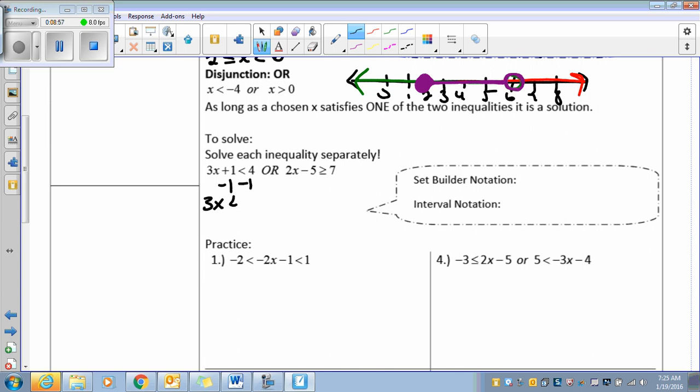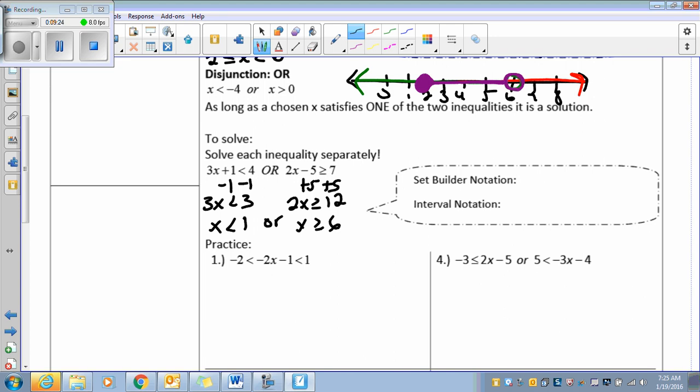So we'd have 3x minus 3, which is x is less than 1. And then we can solve the other one. We have 2x is greater than or equal to 12, which means x is greater than or equal to 6. So we know that the solution has to either satisfy the inequality x is less than 1, or it can satisfy the inequality x is greater than or equal to 6.